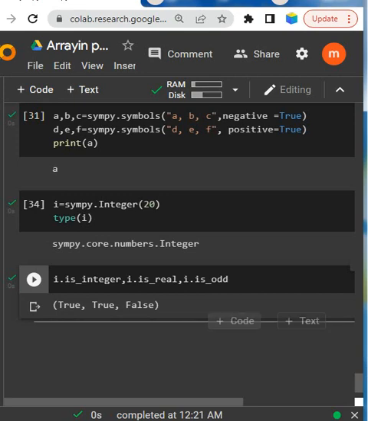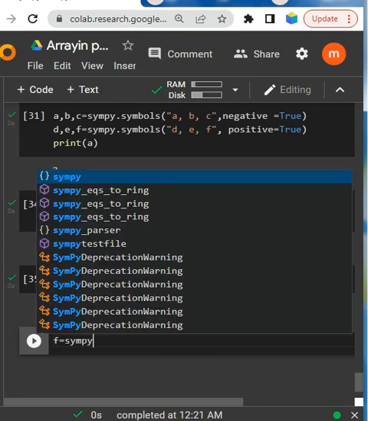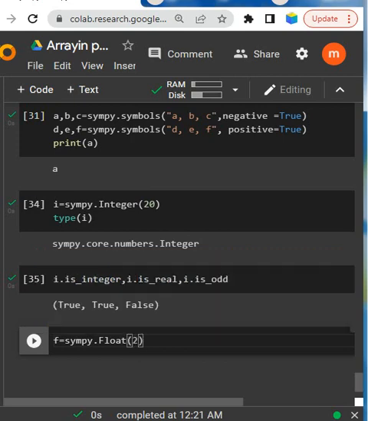Same, now I am creating another variable, f equal to sympy.Float, and because it is a float value, you can write here 2.3 something.